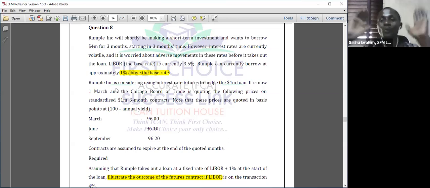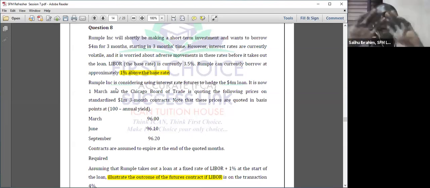Now, we have a standardized market where futures are being traded, just like your stock market, where you can buy or sell futures. And the rule is that if you want to borrow, you enter by selling and close by buying.